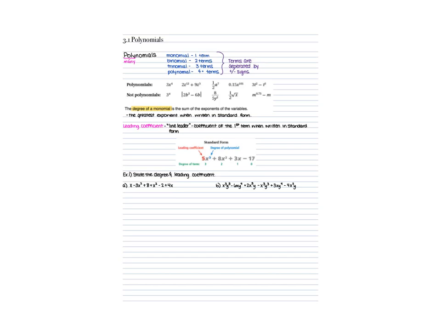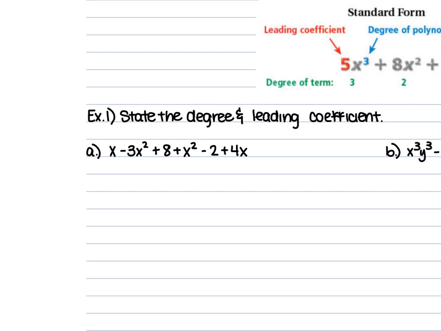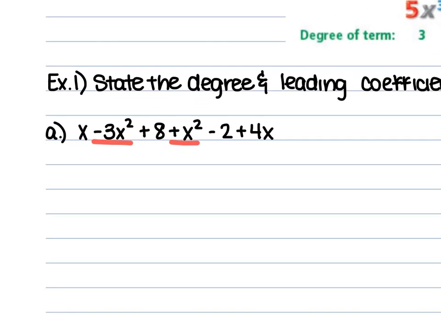So we look at example 1a. We are stating the degree and the leading coefficient of x minus 3x squared plus 8 plus x squared minus 2 plus 4x. So we want to combine like terms here. This negative 3x squared and this x squared are going to be your line leaders because they have the highest exponent there. So we combine them.